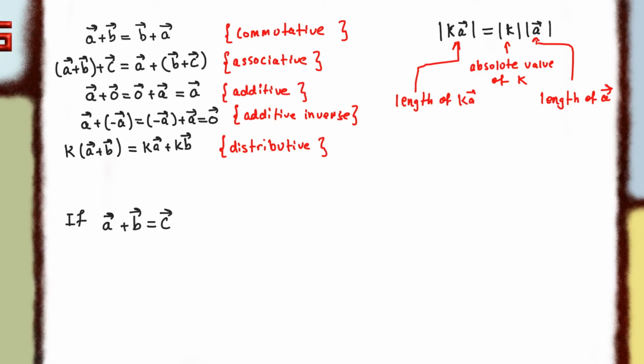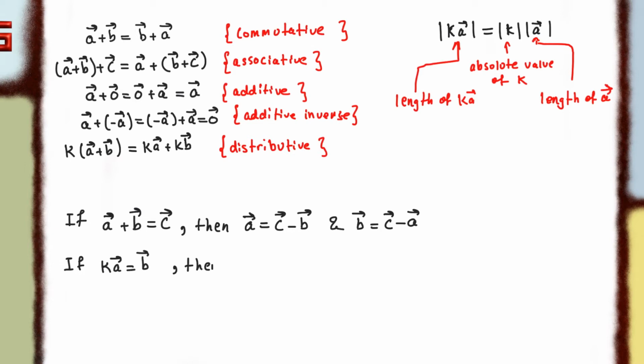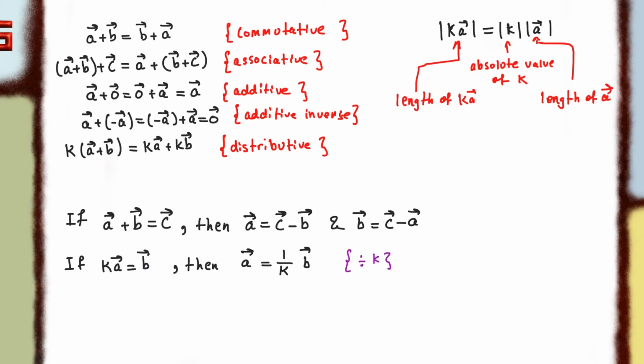So if we have vector A plus vector B is equal to vector C, if we want to isolate for vector A, then we can just subtract vector B from both sides, so we get vector C minus vector B, and if we want to get vector B, we will subtract vector A from both sides, achieving vector B is equal to vector C minus A. Similarly, if we have some vector B is equal to vector A multiplied by some constant value k, then to isolate for vector A, we can divide both sides by k, giving us vector A is equal to 1 over k multiplied by vector B, or just vector B over k.